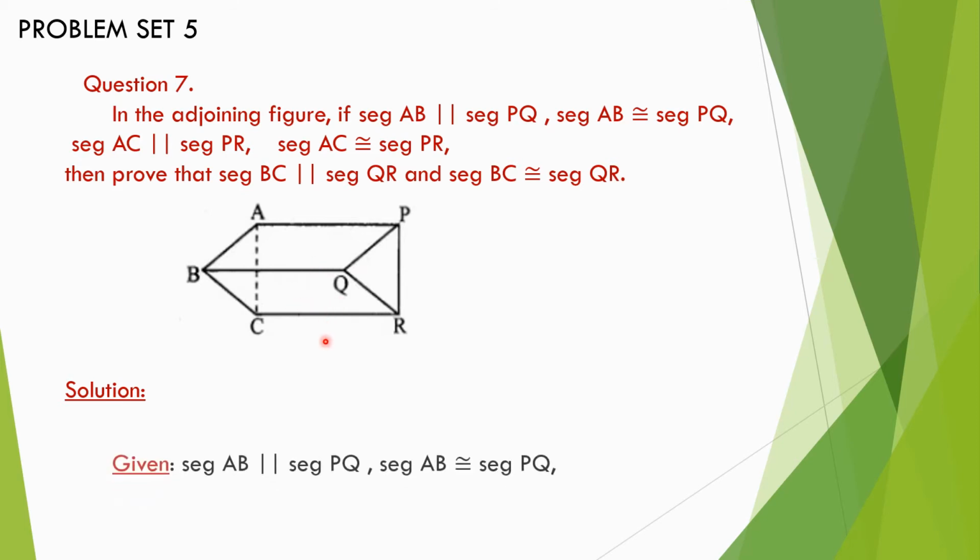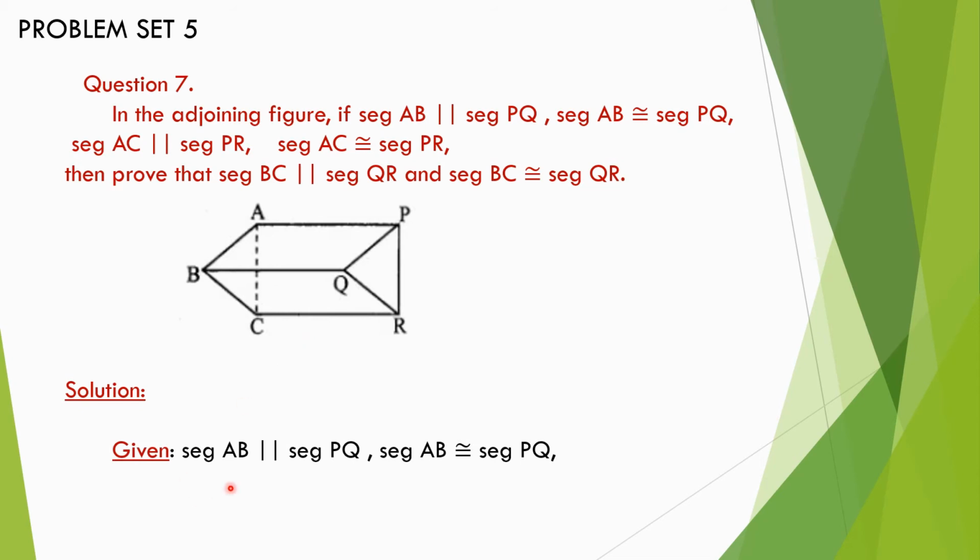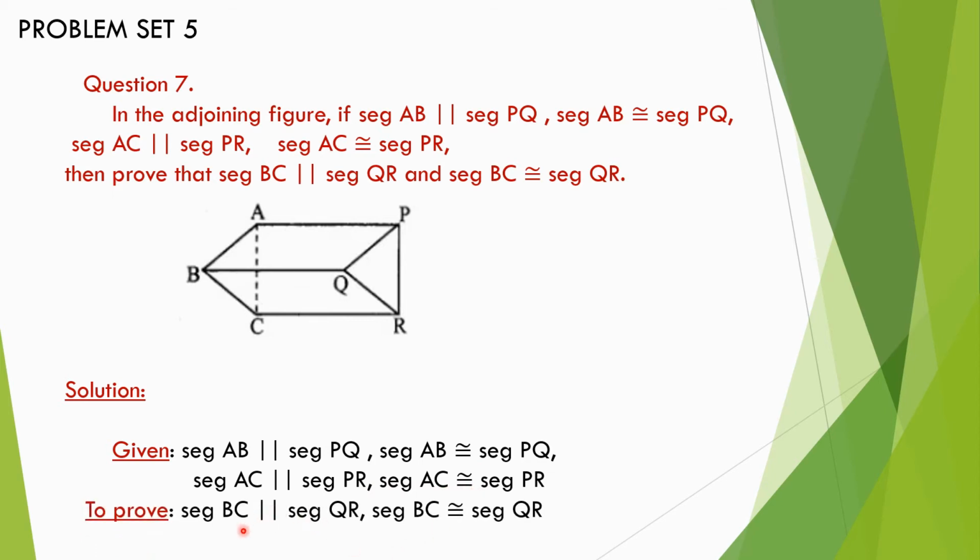Segment AB parallel to segment PQ and segment AB congruent to segment PQ, and segment AC parallel to segment PR and segment AC congruent to segment PR. To prove: segment BC parallel to segment QR and segment BC congruent to segment QR.